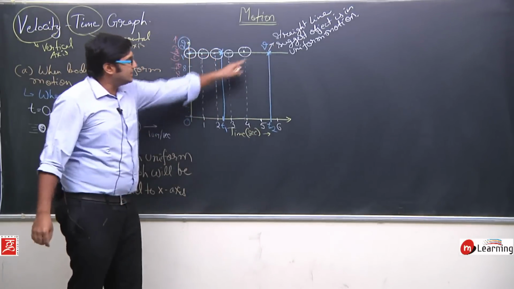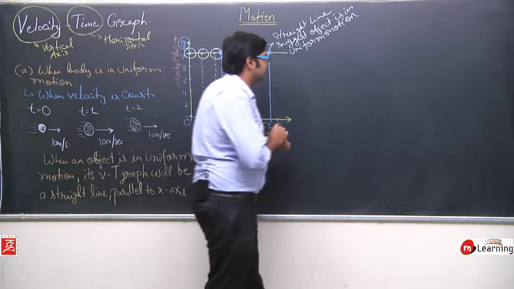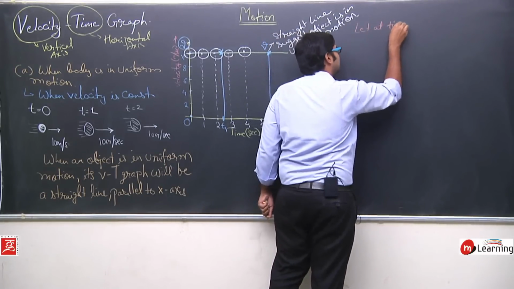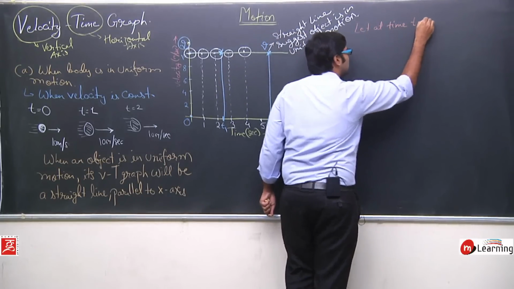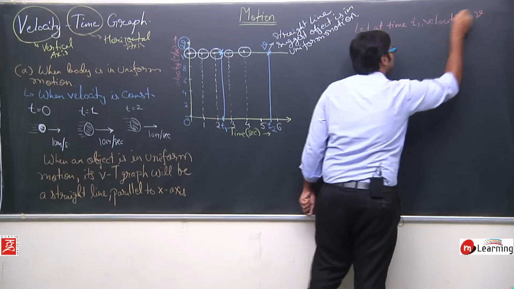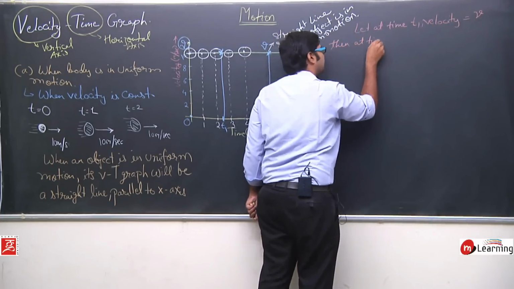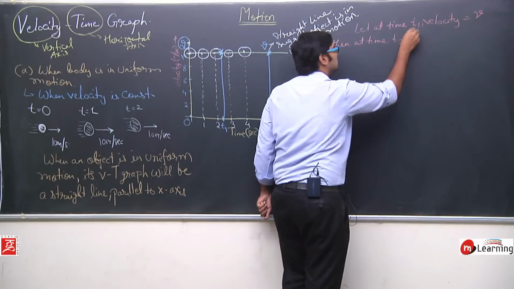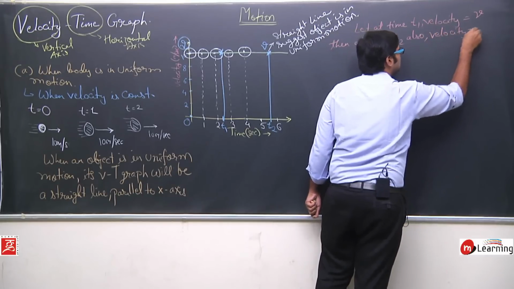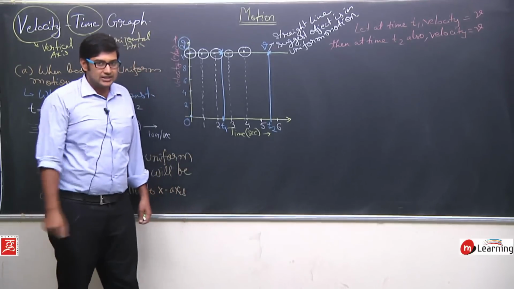So we write here: let at time t1 velocity be equal to v, then at time t2 also the velocity will be equal to v only, that is v meters per second.